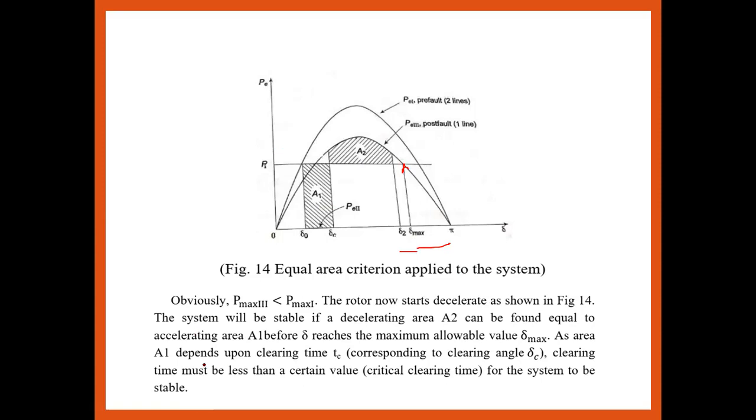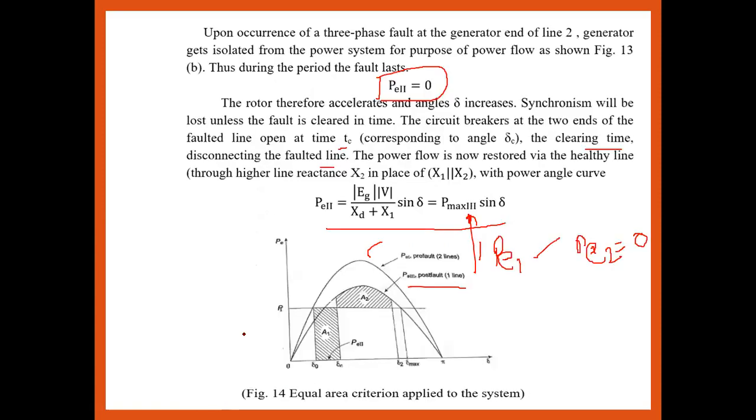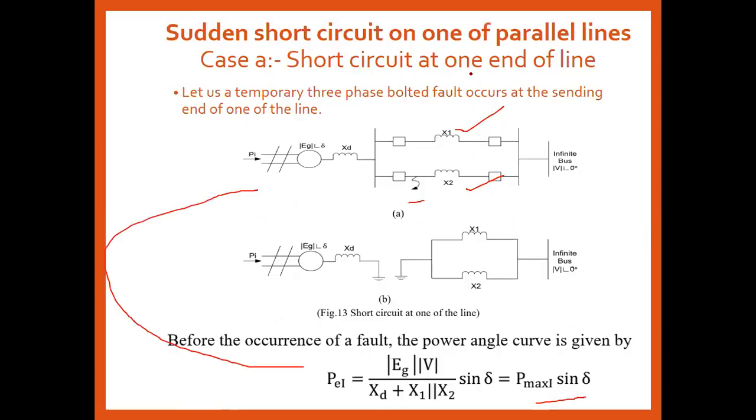Otherwise, area A1 depends upon the clearing time taken by the circuit breaker of that line to isolate the fault, that is the critical clearing time, to be stable. So this is the condition for the one end of the line.